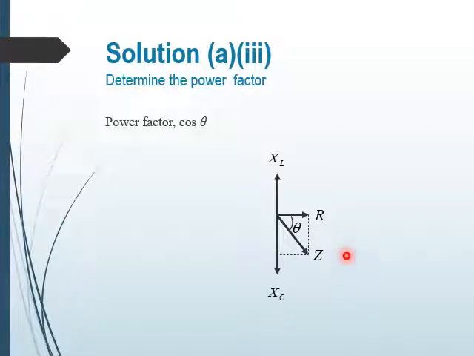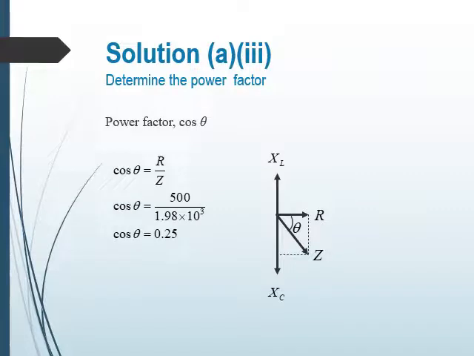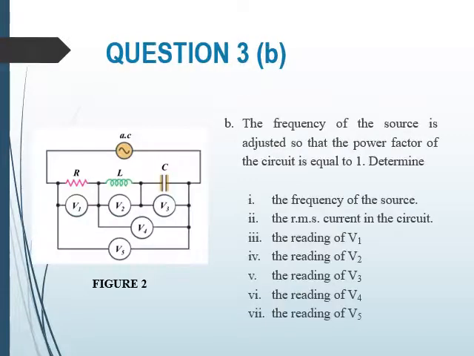So the angle is located between Z and R. In this case, cos theta equals R over Z. Substitute the values into the equation. Cos theta is then equal to 0.25 without unit.